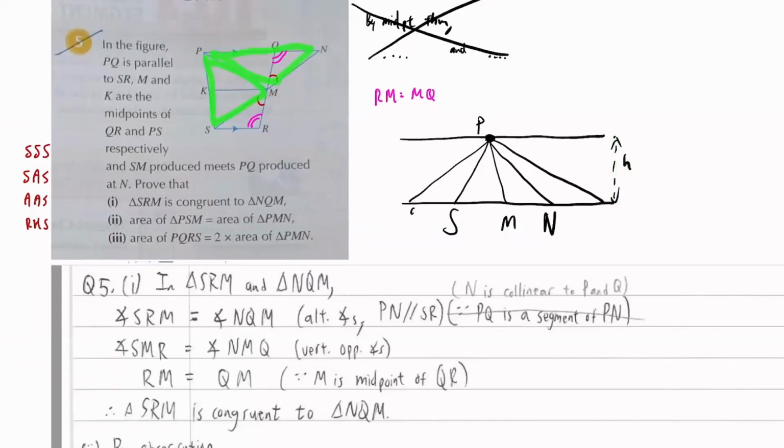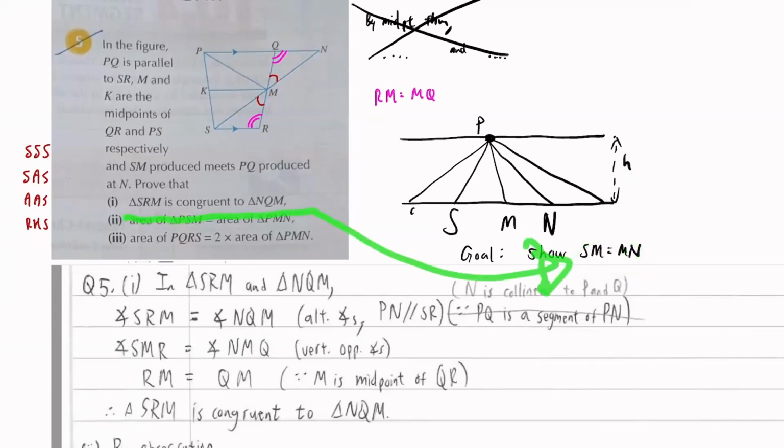So in order for us to show that they have equal area, all we need to do is to show that they have the same base. Correct. In other words, we need to show that SM equals MN. Exactly. That's our goal. And then we are done already. So the question changes to show that SM equals MN. Then you'll get equal area.